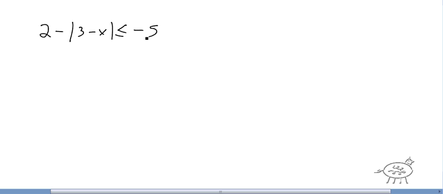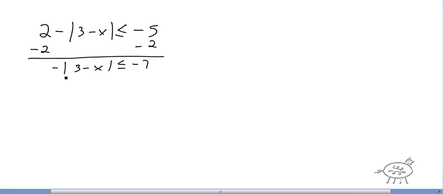Okay, so again, we don't know what it's going to be yet. Is it going to be an or problem or a between problem? Well, let's isolate the absolute value. So subtract 2 from both sides. We get negative absolute value of 3 minus x is less than or equal to negative 7. Divide by negative 1.